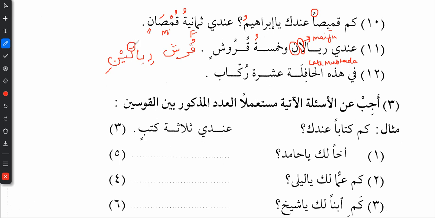If it's fatha, know that it's muthanna. Because when you see the jama muzakkar salim, for example, muslimin, don't get confused that there is a ya and noon here. Check the haraka before the ya. It's a kasra. So kasra is always in the jama muzakkar, not in the muthanna.